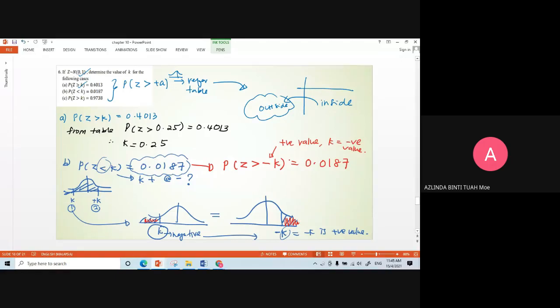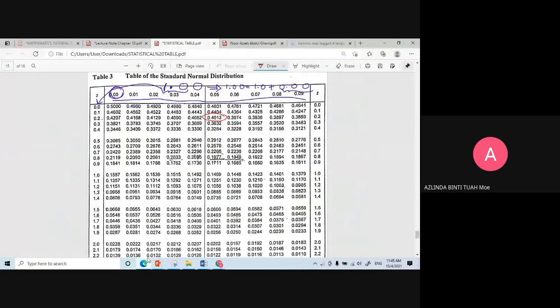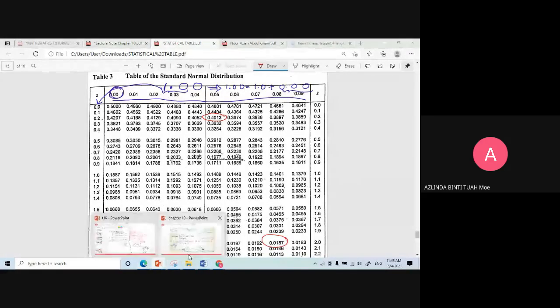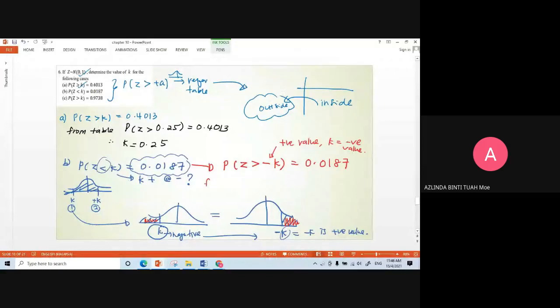Okay, so sekarang from table. Cari dalam table 0.0187. 2.08. Okay, jumpa kat sini. 2.08. So from table, P(Z greater than 2.08) is equal to 0.0187.